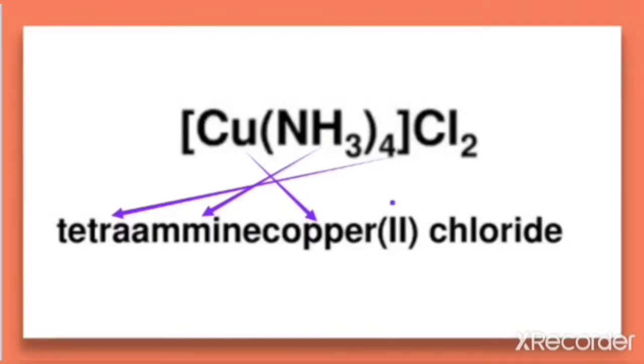After the ligand and the central metal ion, at the end we have to name the negatively charged counter ion. What is that counter ion? Cl negative, which is named chloride. I told you the number of counter ions is not specified, so the 2 is not mentioned here; we just write chloride. So that is the name of this compound.